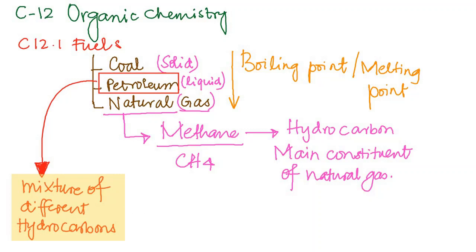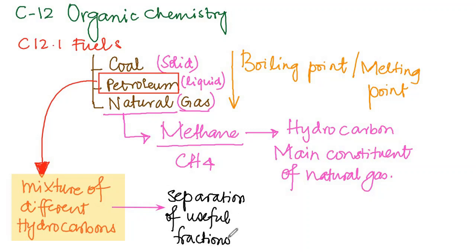Fraction means different components, and for that purpose a fractionating tower is used, which is a huge vessel in which there is a very high temperature at the bottom, around 350 degrees Celsius, and as we move up towards the top, the temperature decreases. The separation of useful fractions can be done with the help of fractional distillation.